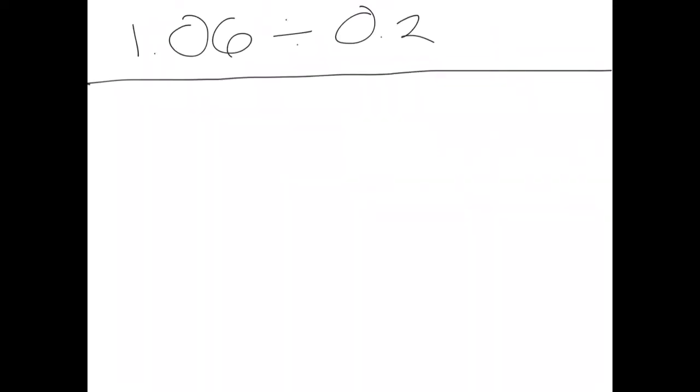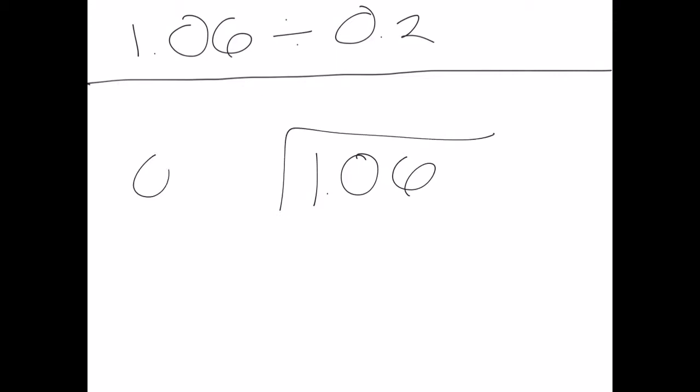To divide these two decimals, first you must put the first number inside the division and then put the second number outside. Now, since we're dividing by 2 decimals, you have to move the decimal over 2 places. So we'll add a 0 there.